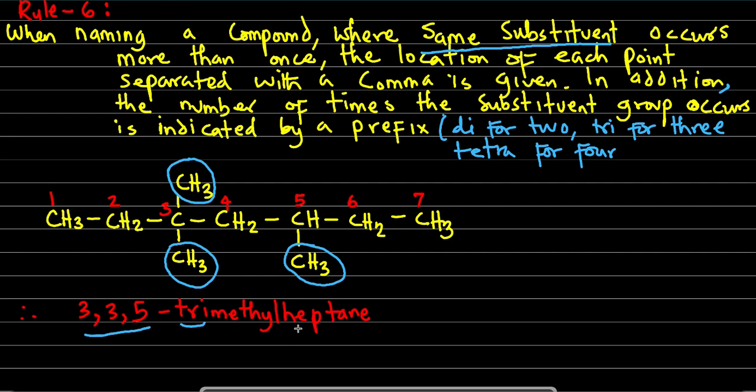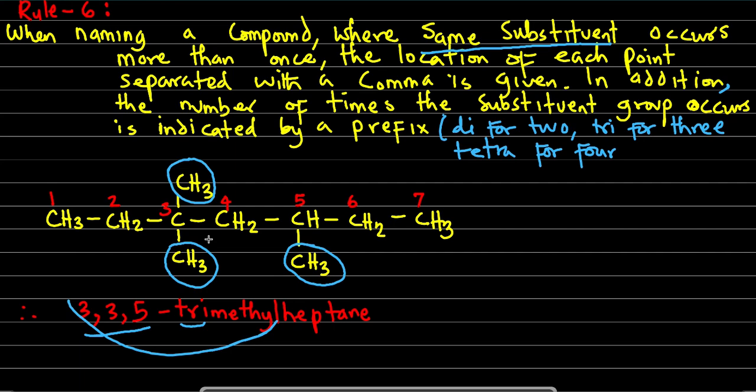Why is it heptane? The whole of this is just the substituent naming: 3, 3, 5. We have 3 substituents on positions 3, 3, and 5. The reason why we used commas here is because the 3 substituents are the same. If they were not the same, we would have arranged them alphabetically, writing first whichever comes first alphabetically.